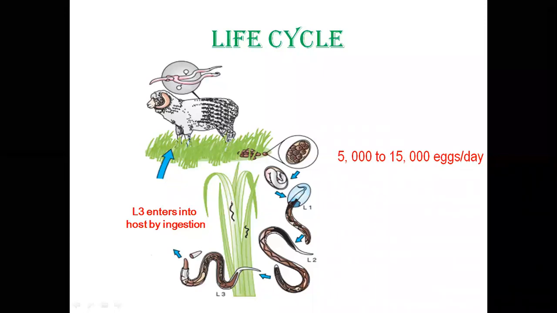In the morning, due to the sun rays, the parasitic larvae migrate and slide up the grass blade.